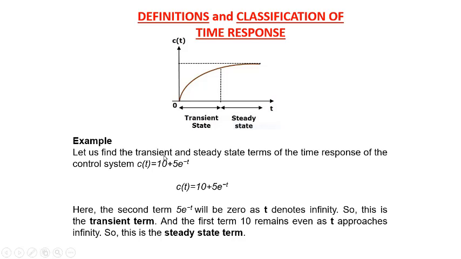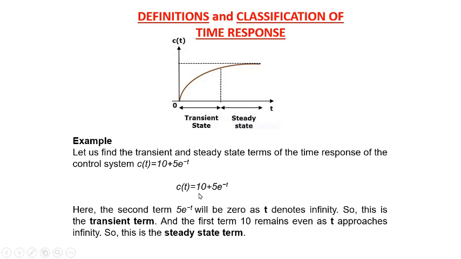Let us find the transient and steady state terms of the time response of a control system, where the output is given in the form c(t) equal to 10 plus 5 e to the power minus t. Here we can see that we have two parts.